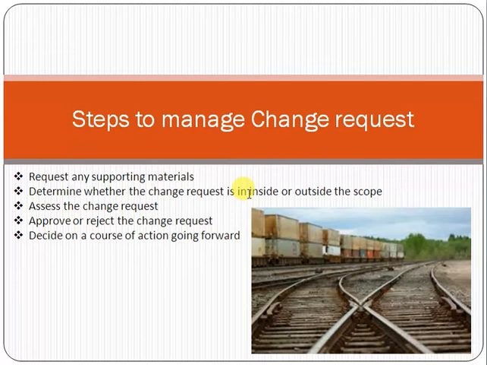For example, if a change is coming from the customer side, normally it has an associated cost, and if it is coming from inside, normally it doesn't. So whenever you receive a change, you have to analyze whether it is coming from inside or outside. And also, you have to analyze whether this change is under the scope or not.